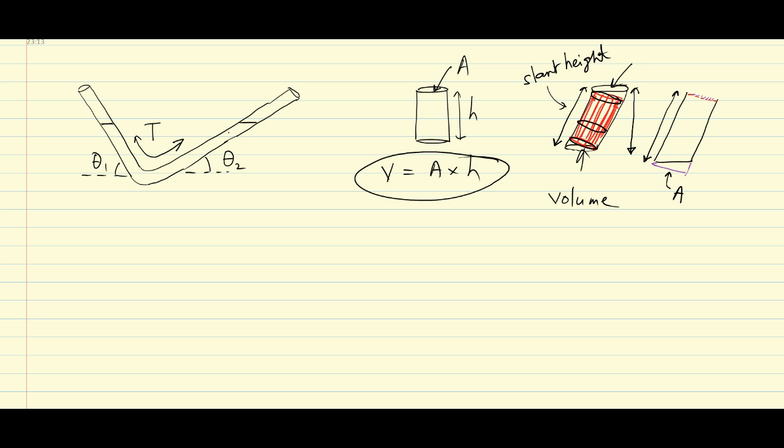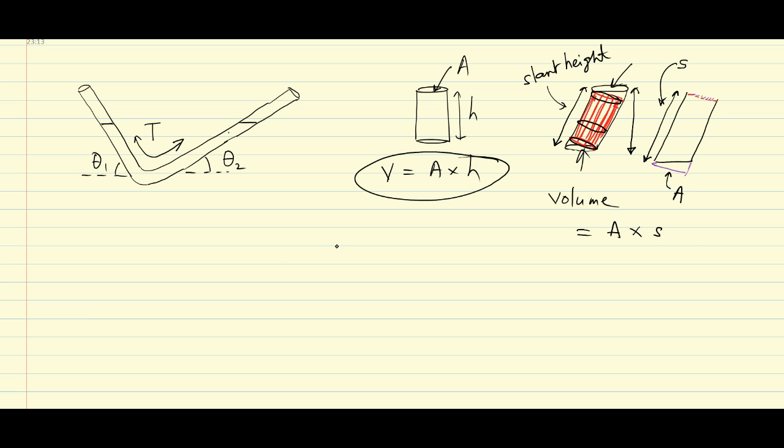So the slant height or the inclined height of the cylinder is this. I'll give it a symbol S, and A is the cross sectional area of the inclined cylinder. So of course the volume is going to be given by the cross sectional area multiplied by the slant height.